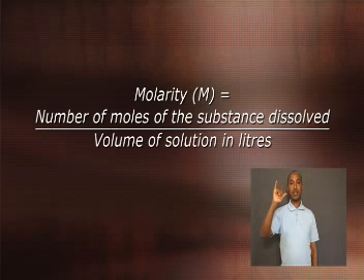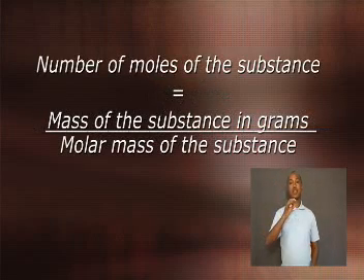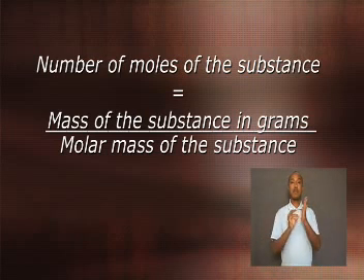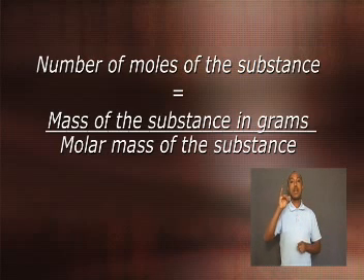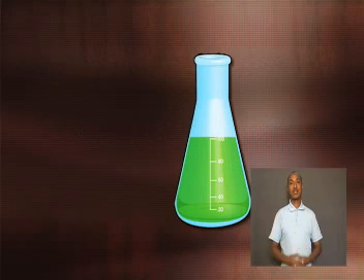As you can see here, molarity is denoted by the letter M. In order to determine the number of moles in a substance, we can simply divide the mass of a substance in grams by its molar mass. Let us discuss an example.